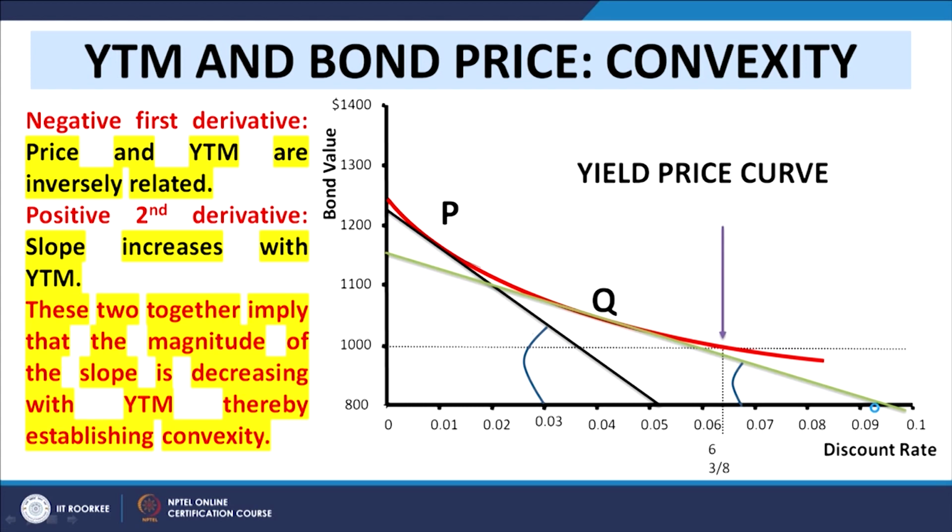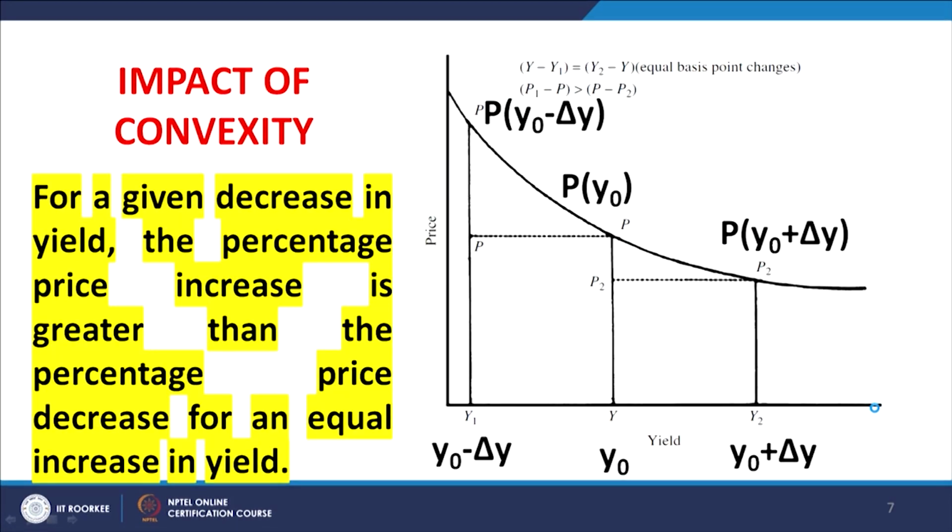So, then this diagram explicitly explains these 2 points that I have elucidated just now. Number one, that the yield curve is negatively sloping, and number two, it is convex.